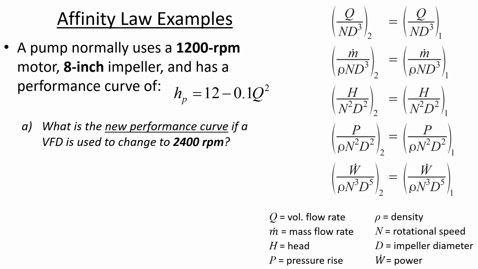Just rearranging that, and then we can substitute in the actual values that we know. N1 is 1200, N2 is 2400. So Q1 is 0.5 Q2.